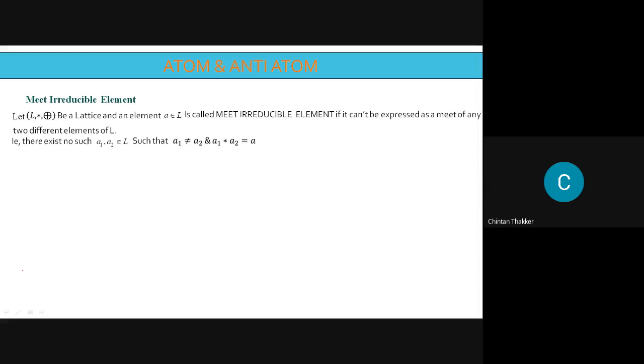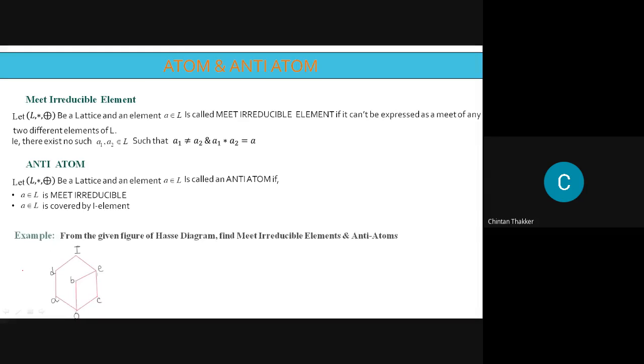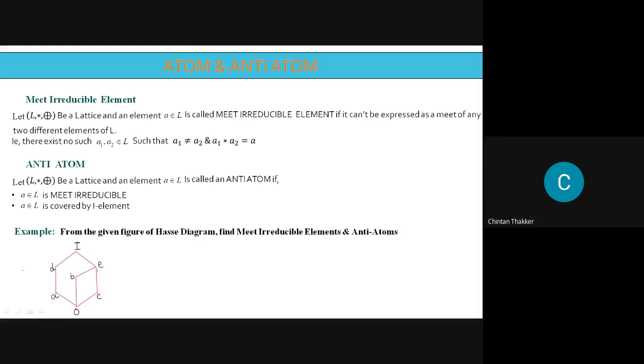And if it is covered by the I element, then it is called an anti-atom. Now here in the same Hasse diagram, at A we have only one line coming from upside, B also, C, D, and E also.